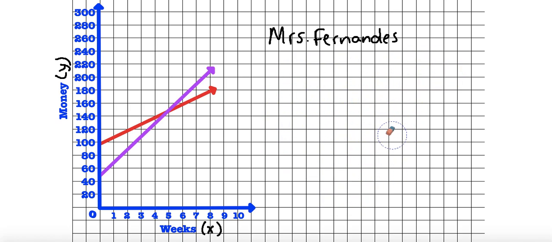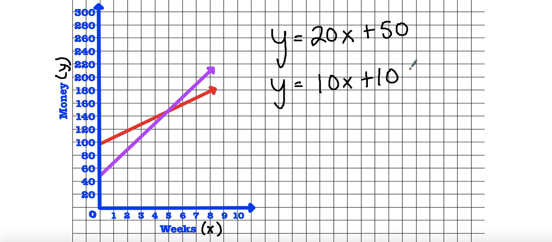So I'm going to just rewrite my two equations again. So I had y equals 20x plus 50, and I have y is equal to 10x plus 100.